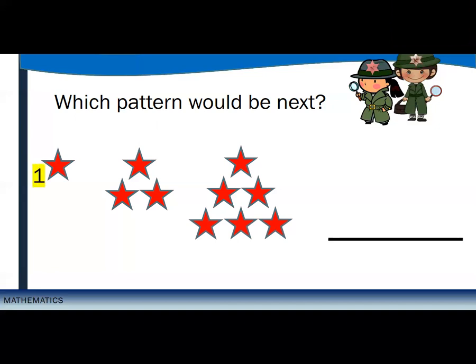Here we have one star. In the next pattern, we see 2 rows of stars, and 2 stars are added to the second row. In the third pattern, another row of stars is added, and there are 3 stars in this row.